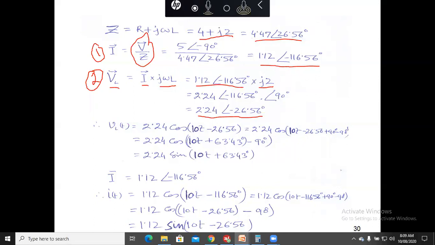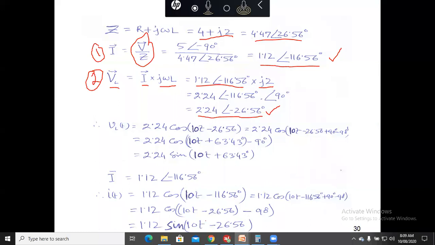That's very simple. Now we convert it into the time domain representation. First we convert the current into the time domain, and then we convert the voltage.